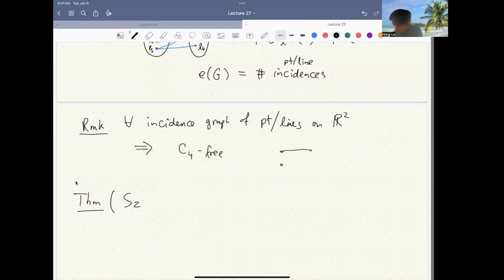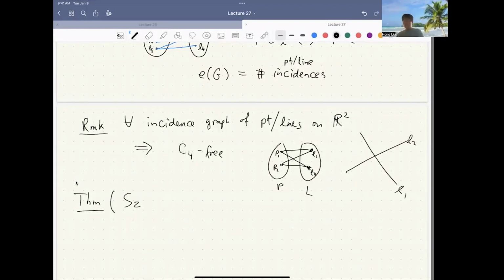What does C4 mean? You have points and you have lines. A C4 would mean you have 2 points lying at the intersection of 2 lines, which is impossible. If you have 2 lines, their intersection is at most 1 point. So you don't have C4.